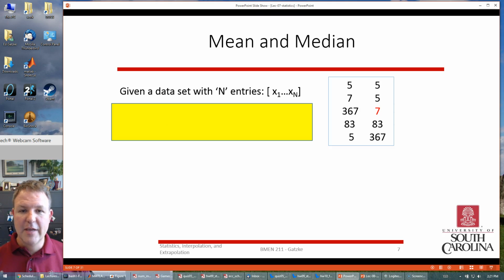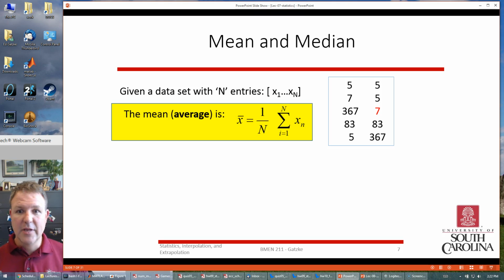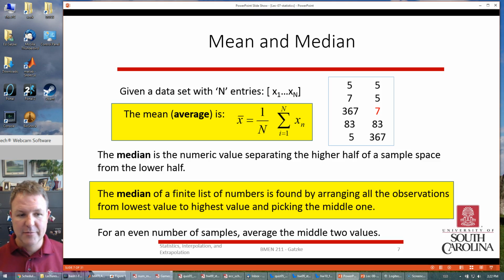Given a mean, the median is easy to do. The median is just sort the data, and it's the one in the middle. If you have an even number of data, you average the 2 values in the middle to get the median. For the mean, you have to actually take the average. So you should know how to get the average of values by adding them all up and then dividing by the number of values.